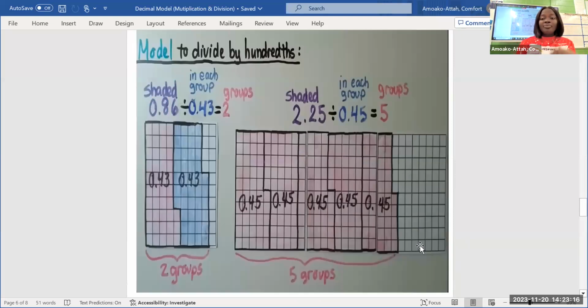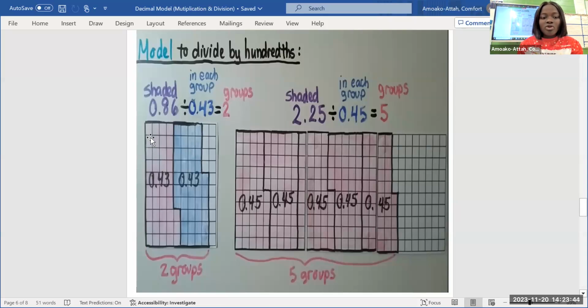We are dividing 86 hundredths by 43 hundredths. So again, this becomes our 86 hundredths, right? We will shade it. We will count how many groups of 43 hundredths we can get from 86 hundredths. So doing this, we realized that we had two groups of 43 hundredths from 86 hundredths.